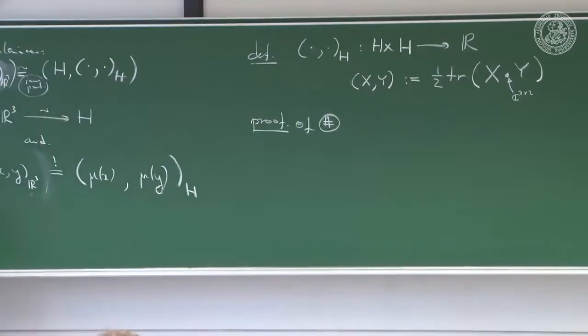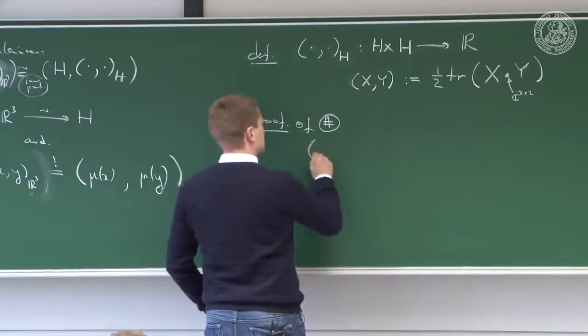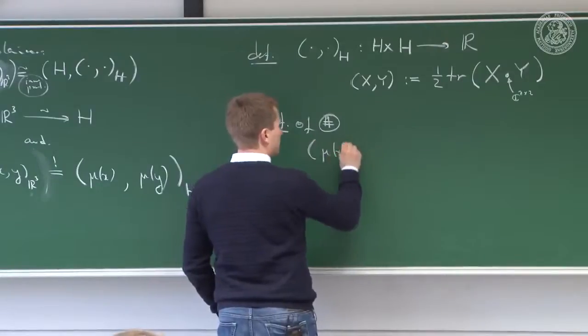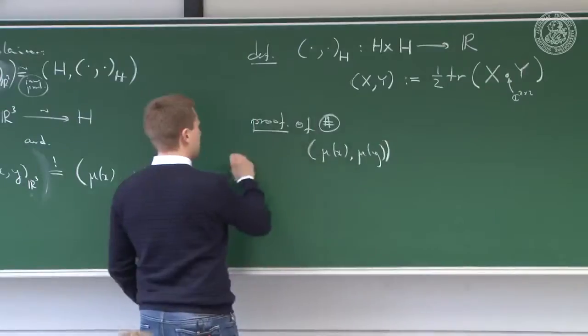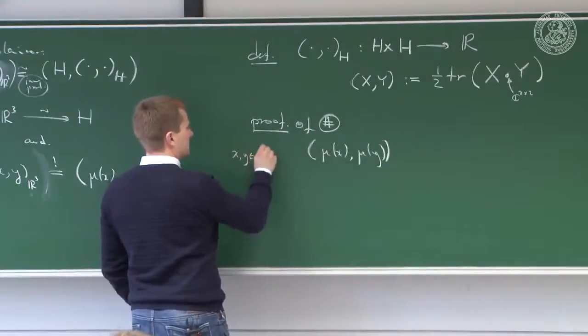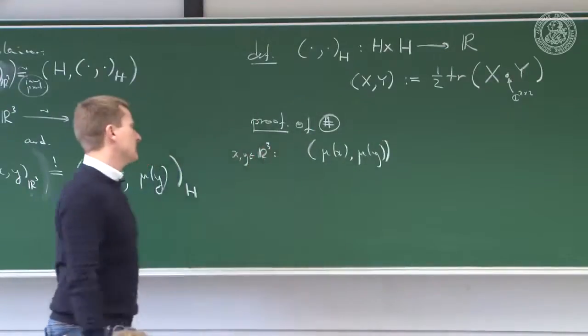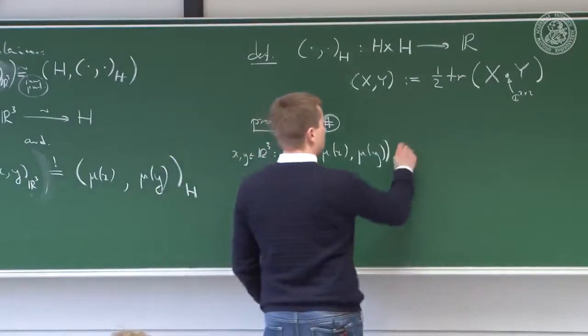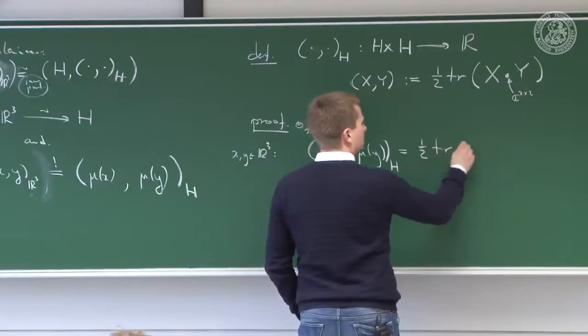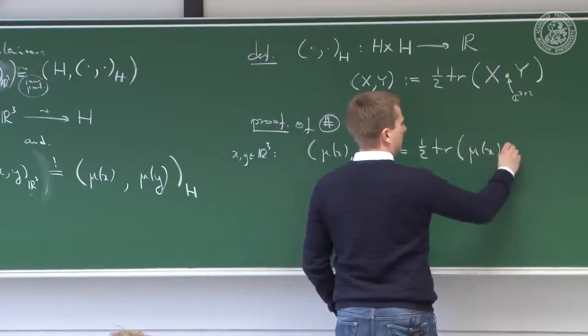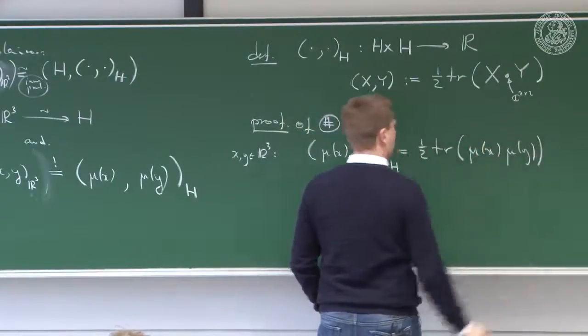carpet, and this is the equation carpet. Okay. So let's start with the mu of some x and the mu of some y, where x and y are of course just elements in R3, vectors here, with respect to h. So what is this? This is 1/2 the trace times mu of little x, mu of little y.